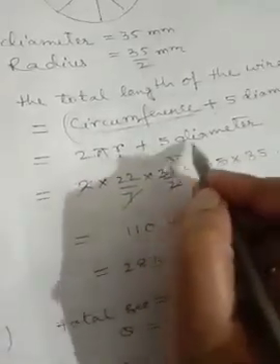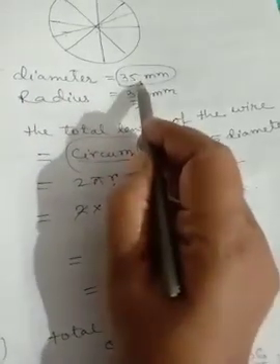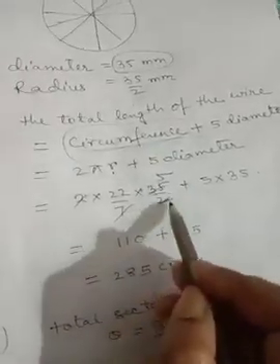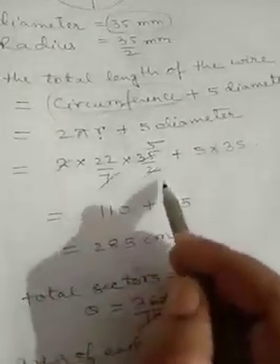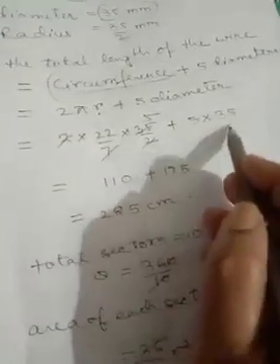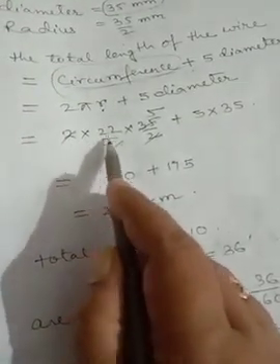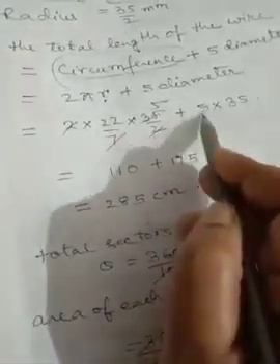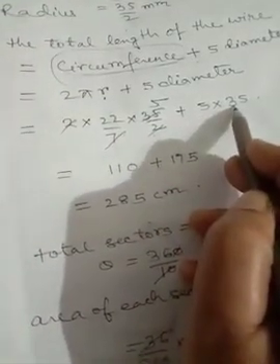One diameter is 35 millimeter in length, so 5 diameters will be 5 into 35 millimeter. So 2 into 22 by 7 into 35 by 2 plus 5 into 35 millimeter.